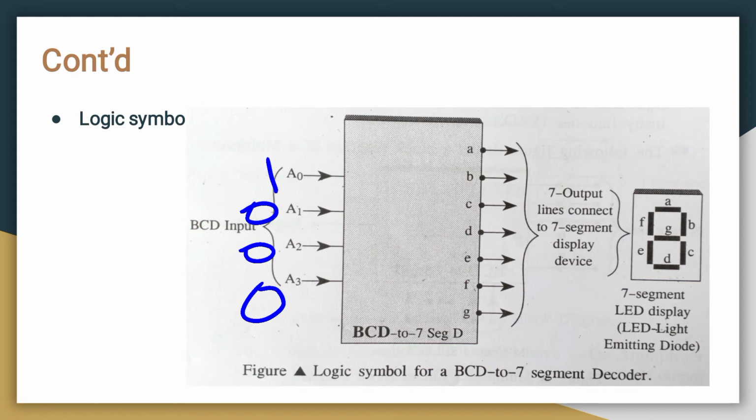So with this input we have to get the 1 at the output. 1 means the B and C LEDs should be 1, and the remaining outputs are 0. So the B and C LEDs light up and all the others are disabled. Clear? So this is about the BCD to 7 segment decoder.